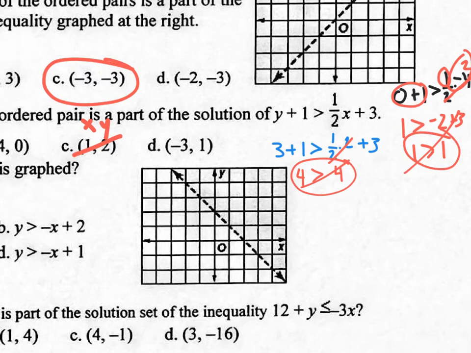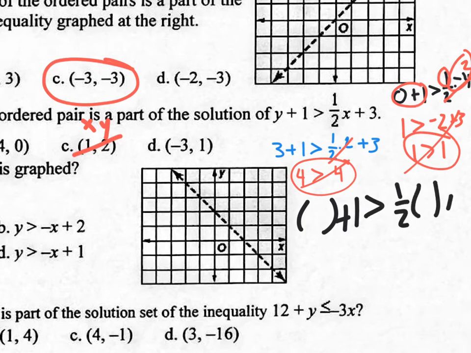But what we should do is actually check and see if D is an answer. On the test there should not be any mistakes, but because there's been so many mistakes here, let's actually test it. So I want to write y plus 1 is greater than 1/2 times x plus 3. So x is -3 and y is 1.